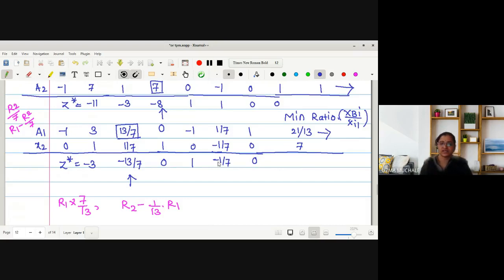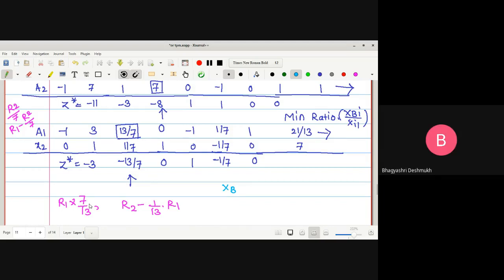Let us check here and we will write rough. What for XB column? XB column, let us do the operation R1 into 7 by 13. 21 upon 13.